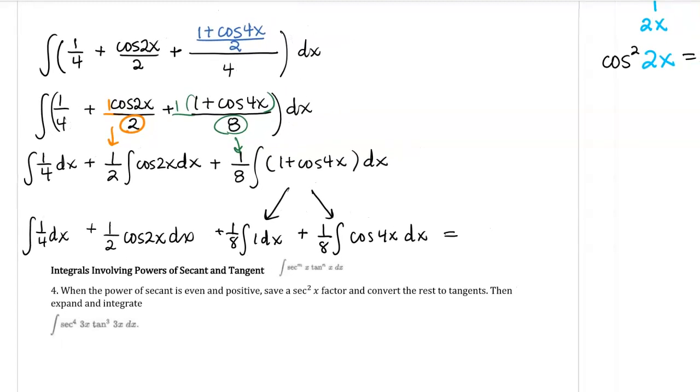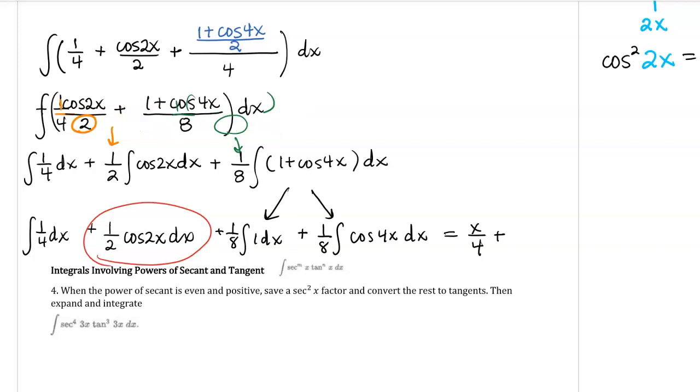So I'll start off integrating. There are some like terms we could have combined, but it's okay. I'll start off integrating the 1/4 to get x over 4, or 1/4 x, plus, to do this integration in here, the integral of cosine 2x dx, you're going to need to do a substitution.